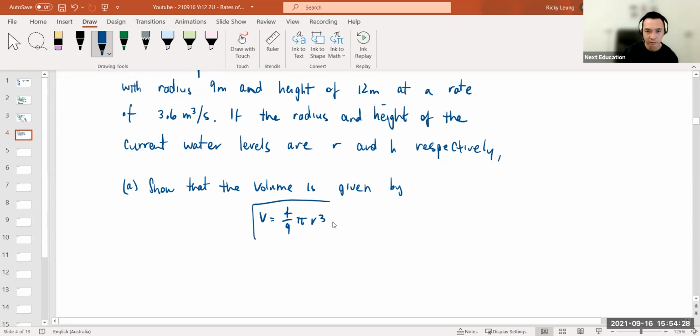Now, you've never seen a volume of a cone written like that before, right? It's a bit weird. Once again, I'll ask rhetorically what you think the differences are, but let's get there in a second.